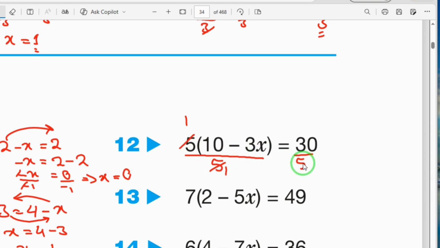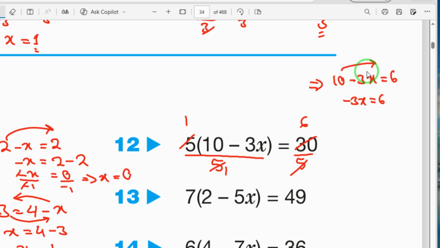Just here as well, 1 times 5 is 5, 6 times 5 is 30. Then in the left side remain only, I write here 10 minus 3x equal to 6.